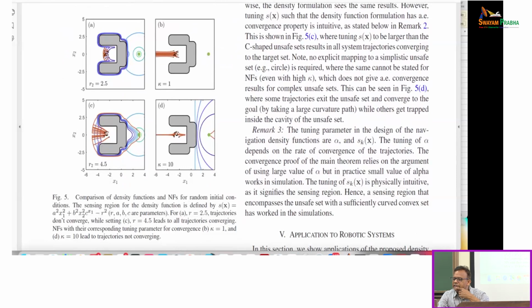So by changing the sensing region and so on, you can see in figure A the initial condition moves by hugging the obstacle set and gets to the target set, and you see these different behaviors in figure B.